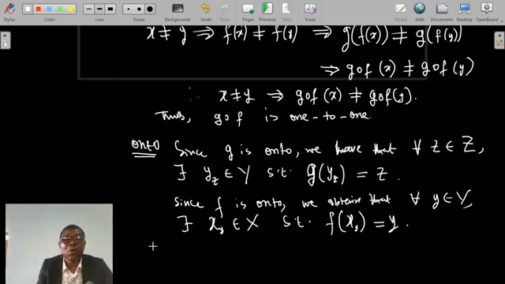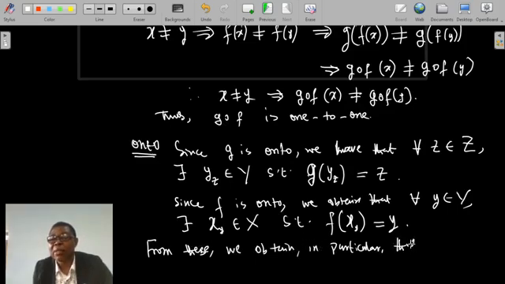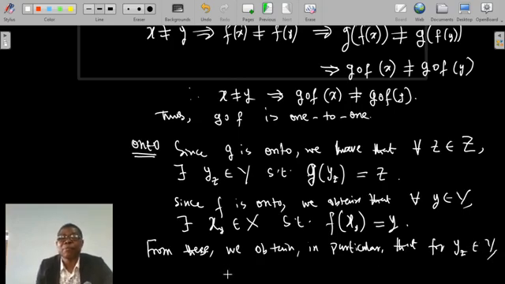So, from these, we obtain in particular that for yz in Y, for this particular yz in Y, since for any y we pick in Y, we can find xy in X, sorry, that this holds.